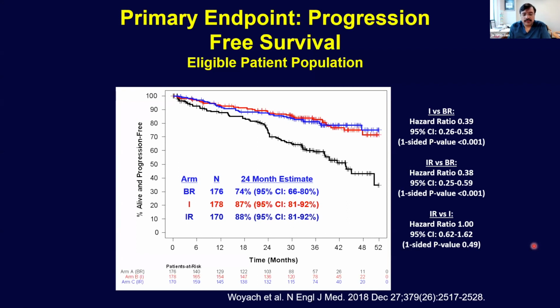However, patients who got ibrutinib had a better progression-free survival, which was the primary endpoint of the study. So based on this data, I think a lot of clinicians in the US who were using bendamustine rituximab as their preferred first-line therapy have now moved over to ibrutinib-based therapy.